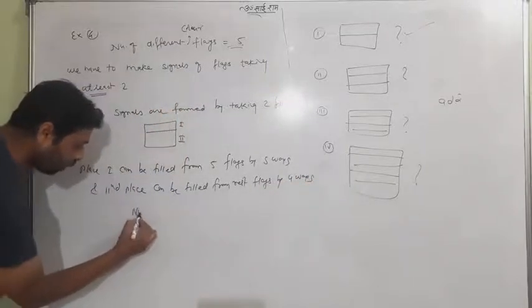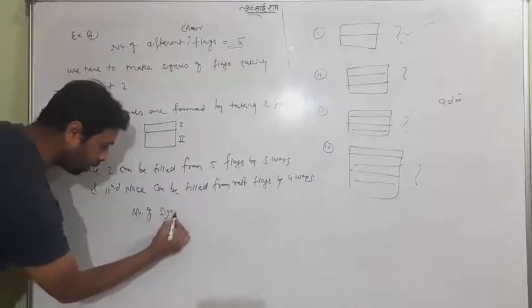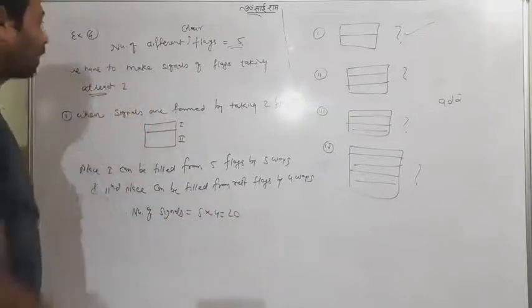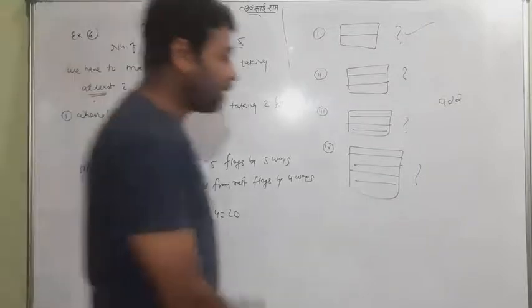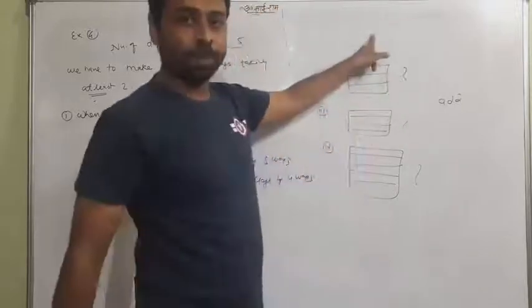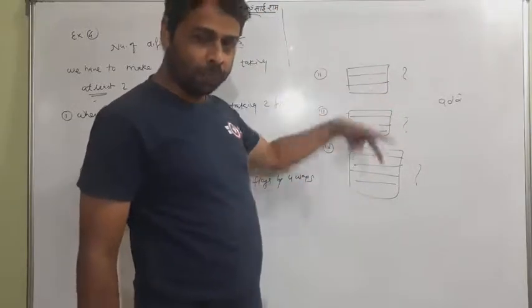So the number of signals in this case will be 20. But this is not the answer, because of at least. Now this 20 has come. Now I'll find all the ways when 3 flags are used.